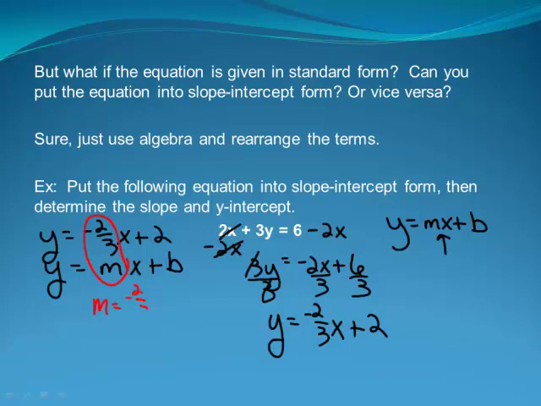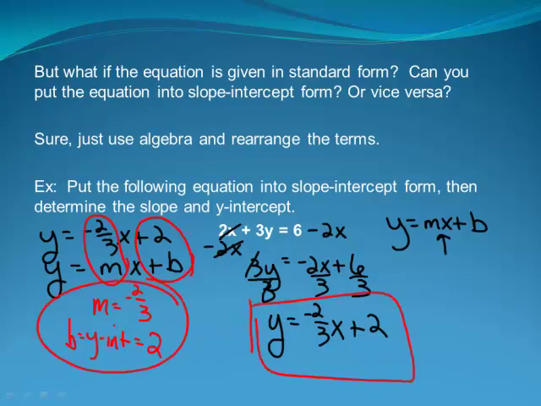Slope is equal to negative 2/3. B is our y-intercept, so in this particular example, b is a positive 2. So we have our equation, y equals negative 2/3 x plus 2. We have our slope, that's negative 2/3. And we have our y-intercept, which is a positive 2.